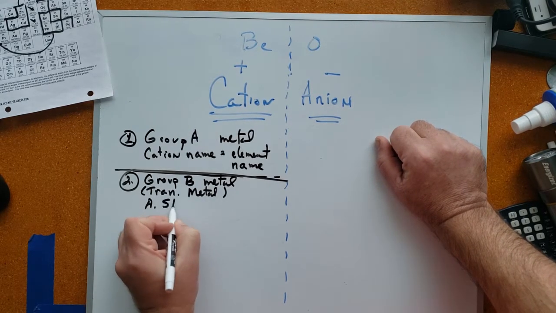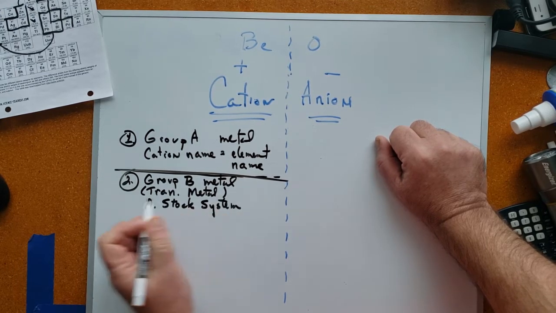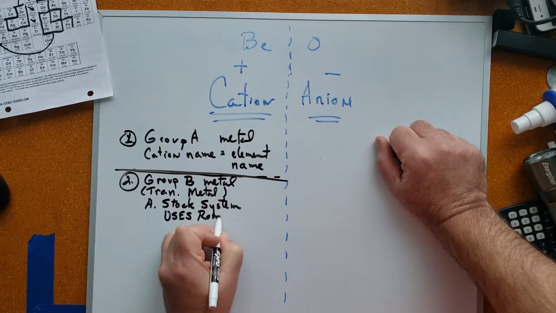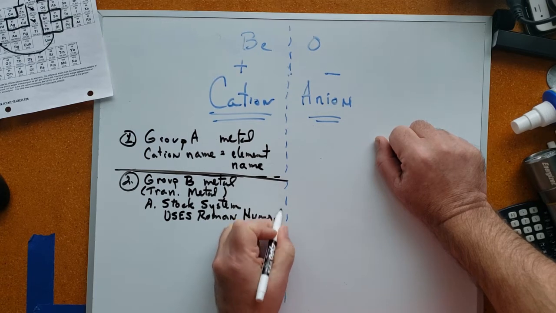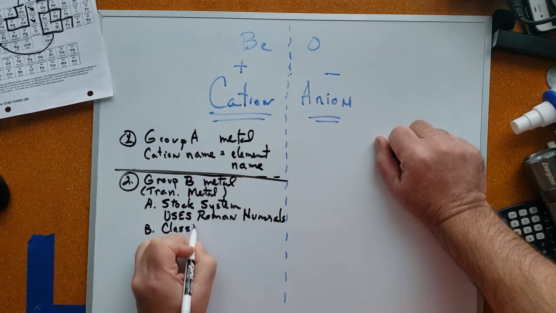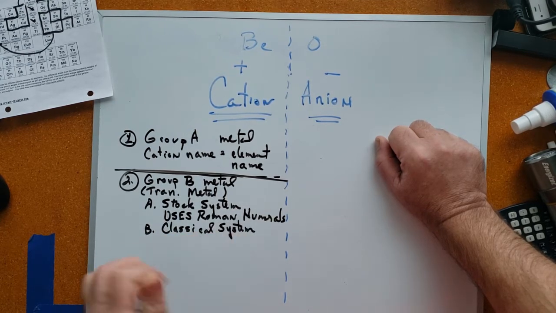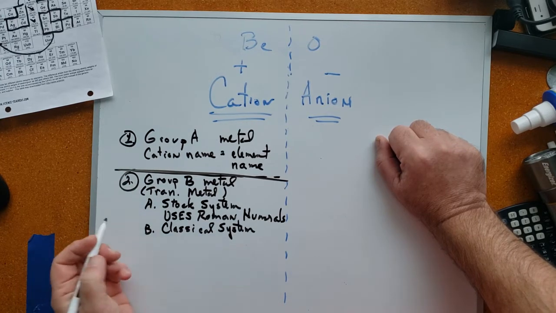One is called the stock system, and this uses Roman numerals. Or B, the classical system. And I had given you notes or lists of these group B metal ion names, so dig those up.